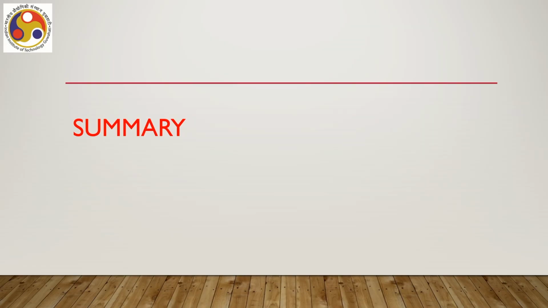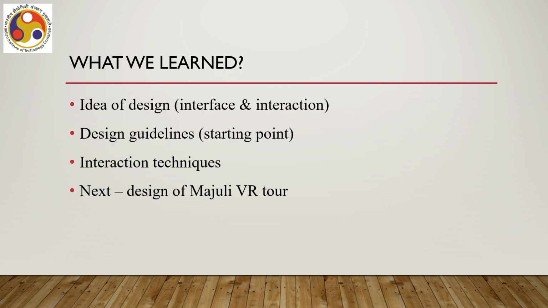So, at the end let us quickly summarize what we have discussed so far. We have learned the idea of design, essentially interface and interaction. Then we talked about design guidelines, which can provide a starting point for a designer.